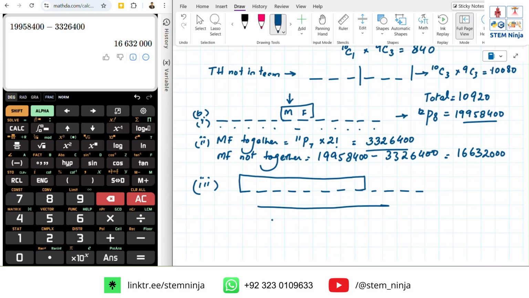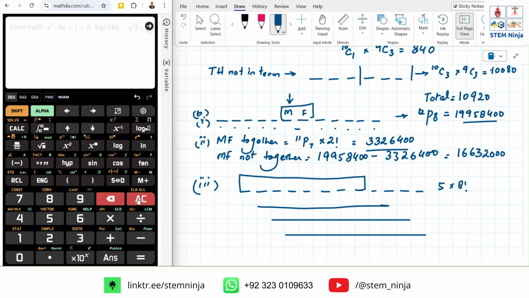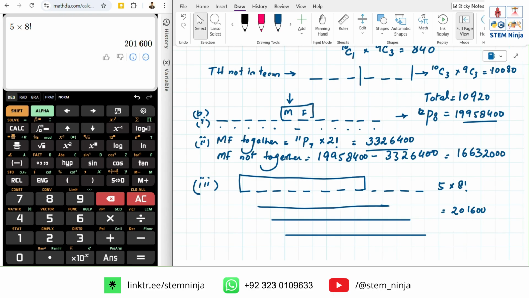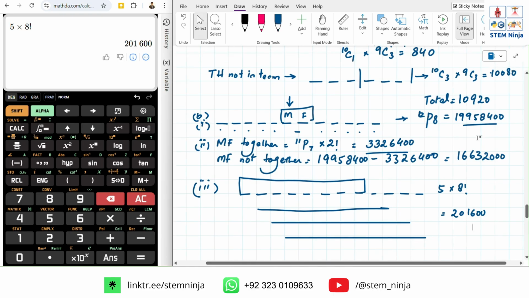Then from this one, and then this one. So we have 5 possibilities times 8 factorial. So 5 times 8 factorial. So this would be straightforward: 201,600.